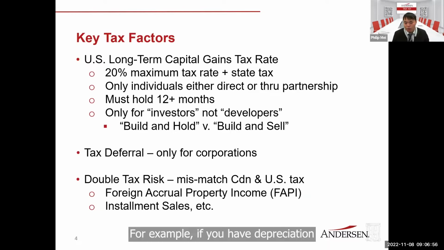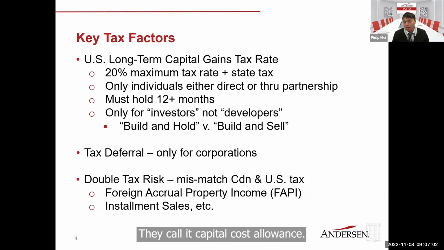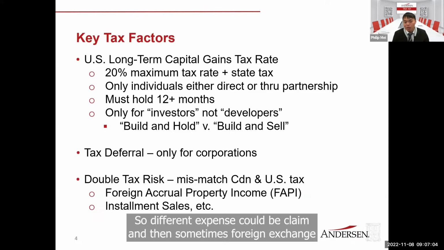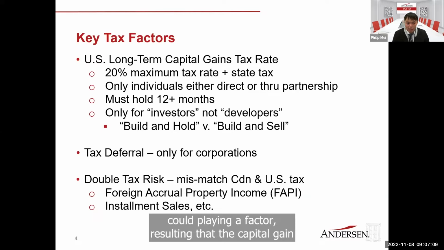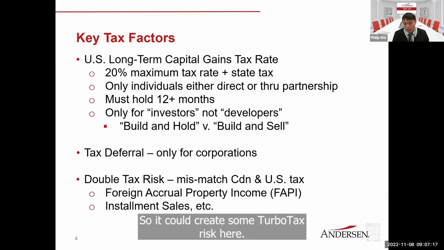For example, if you have depreciation in the US, in Canada they don't have the exact same thing. They call it capital cost allowance. So different expenses could be claimed, and sometimes foreign exchange could play a factor, resulting in the capital gain on both sides of the border not matching perfectly. So it could create some double tax risk here.